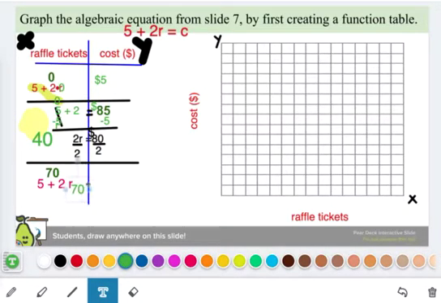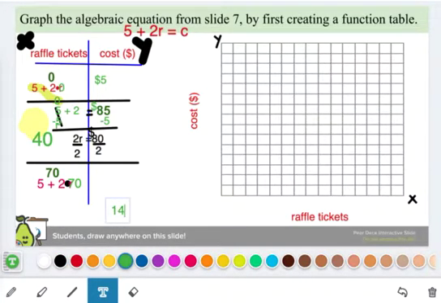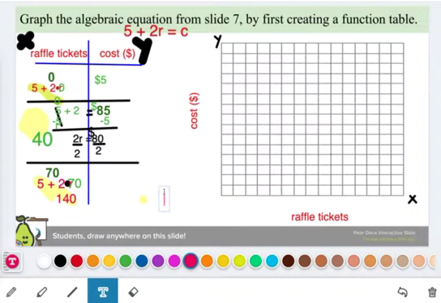R represents the number of raffle tickets they bought. You substitute there and multiply these two numbers, you get 140. Then 140 plus the 5 that's there is $145 is what this person has to pay for 70 raffle tickets.